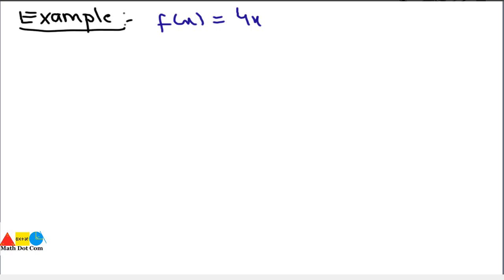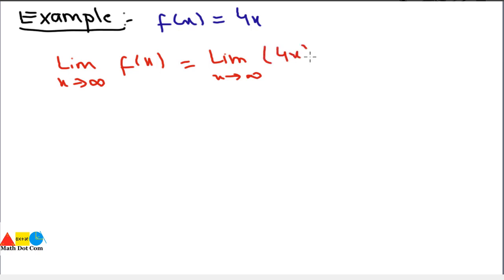So if I write the limit of x approaches infinity of f of x is equal to the limit of x approaches infinity of 4x. Now if we apply the theorems of limits, we will get 4 times the limit of x approaches infinity of x. So we have to put the value of x as infinity.